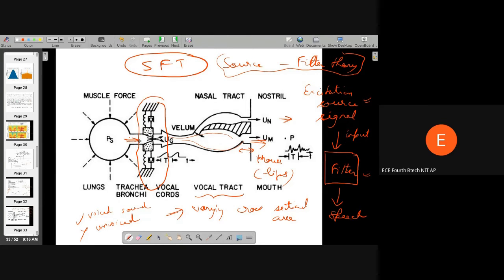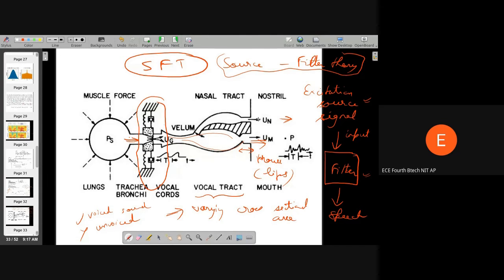Glottal vibration, either it occurs or not, passes through a tube. Based on different sounds, the tube structure will vary. It will be constricted in certain cases, and not constricted in others. Then we exit through the lips. This is our main speech production mechanism.